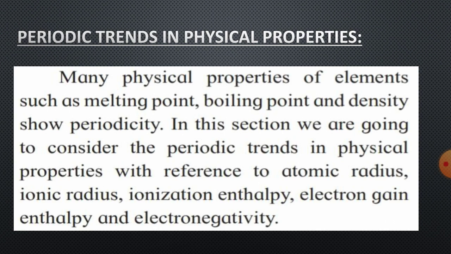In our next lecture, we are going to study these properties and their periodic trends in the modern periodic table. Which properties? Atomic radii, ionic radii, ionization enthalpy, electron gain enthalpy, electronegativity.